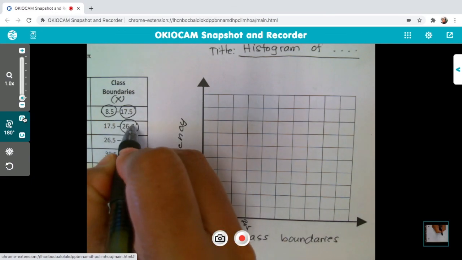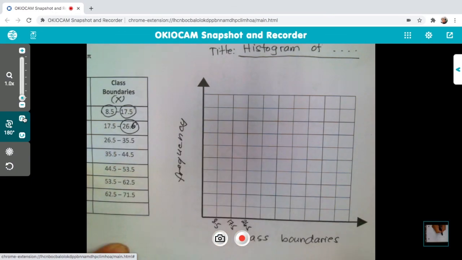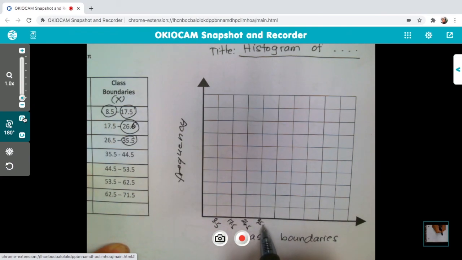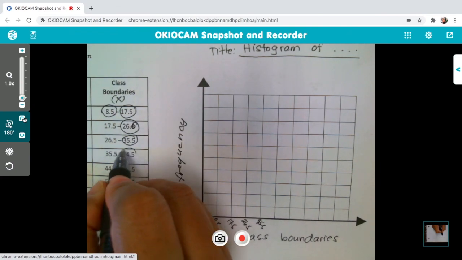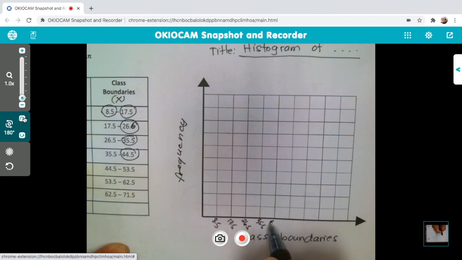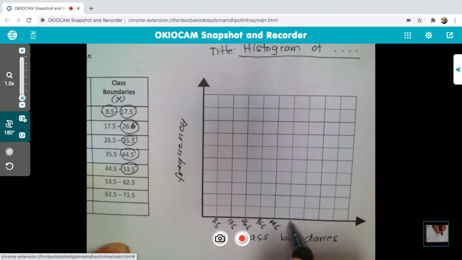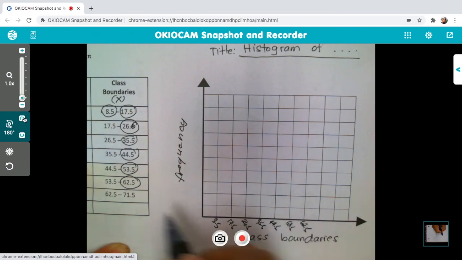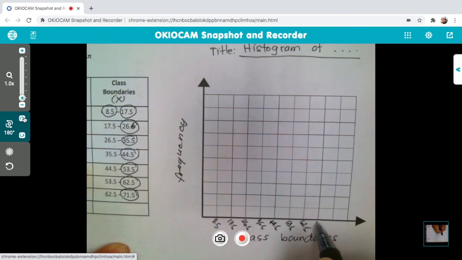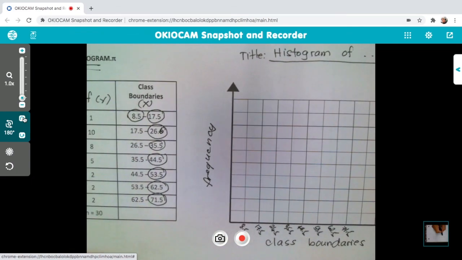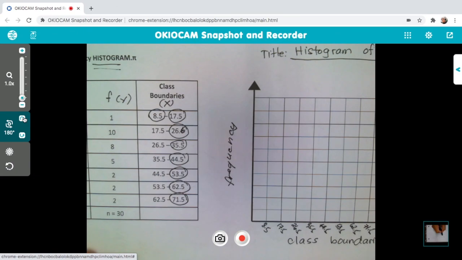By the way, this is 0.5. Next is 35.5, 44.5, 53.5, 62.5, and lastly, 71.5.